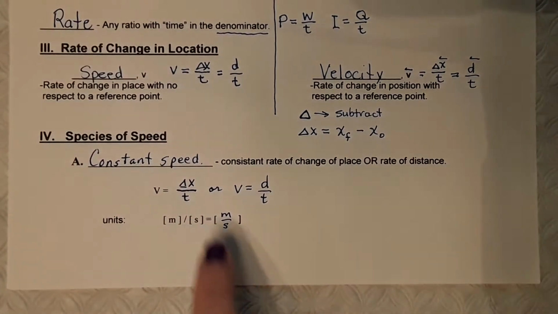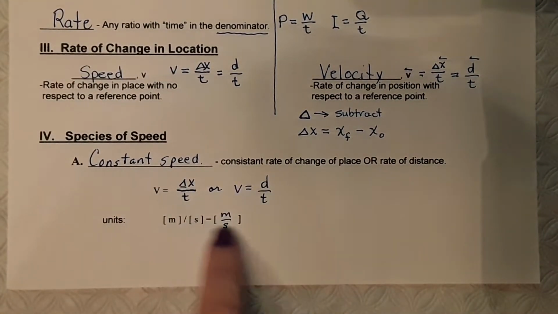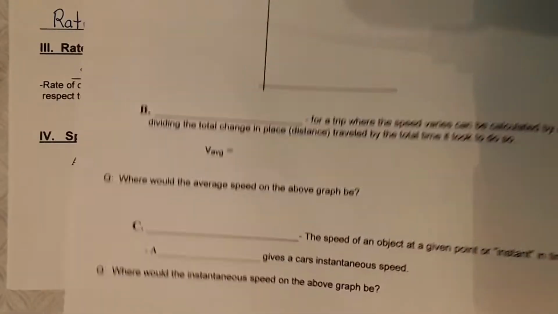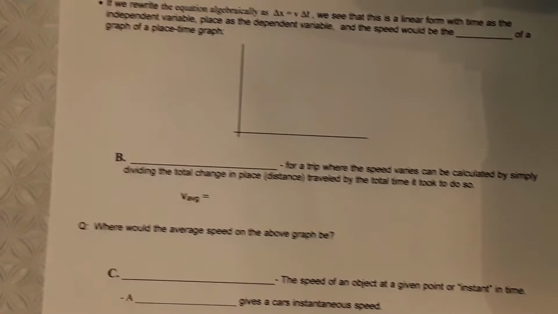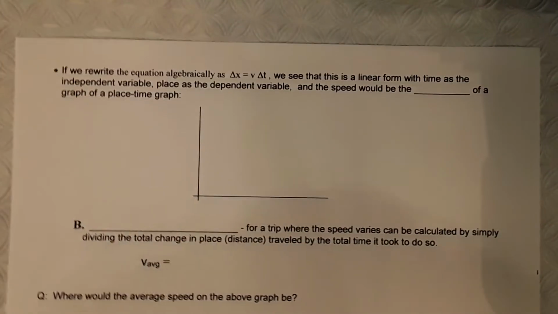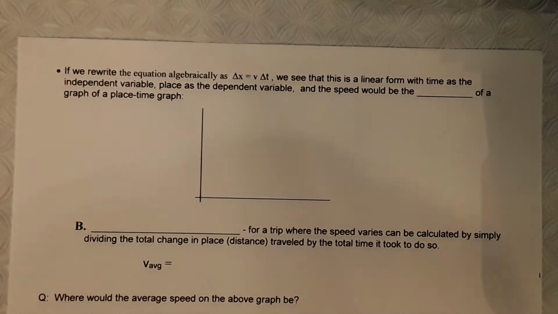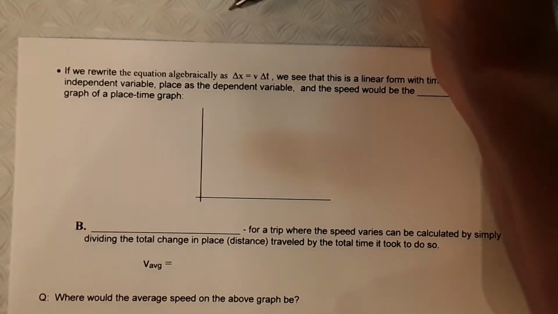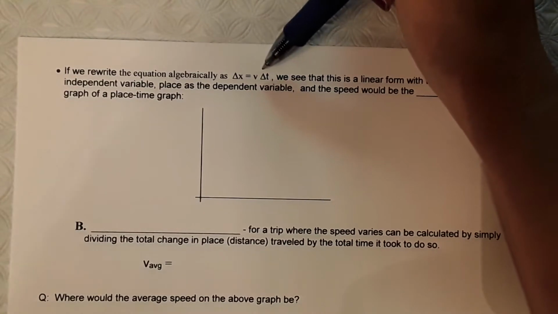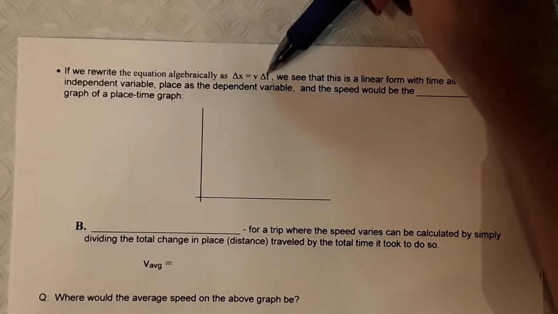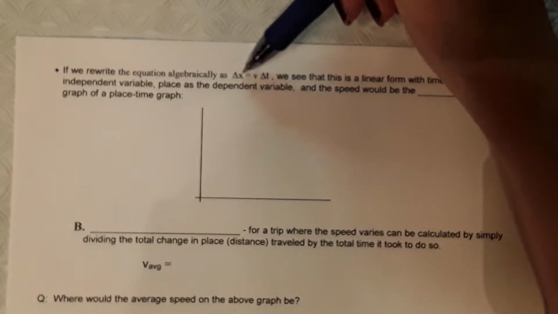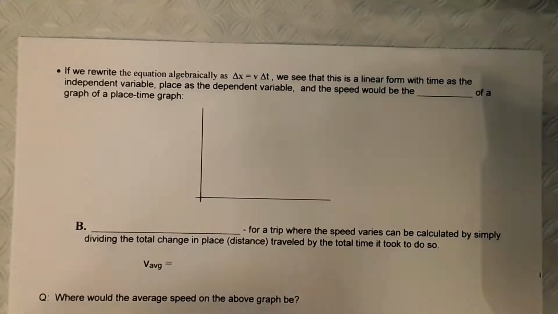Okay. So now what we're going to do with this constant speed formula is see what happens if we rewrite it a little differently. Suppose that we rearrange it by multiplying the t, or delta t, the period of time, over onto the v. We get delta x equals v times t.